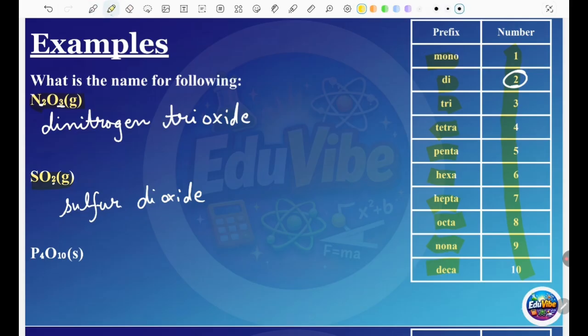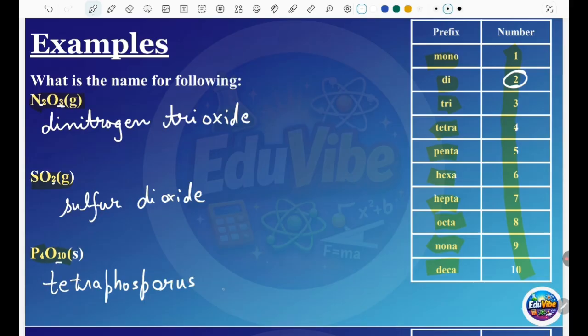Next one we have P4O10. P is what? P is phosphorus. This has 4, so this is tetra: tetraphosphorus.